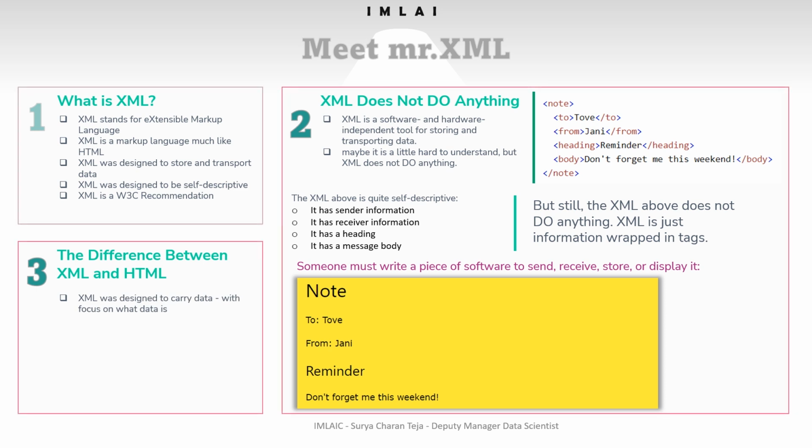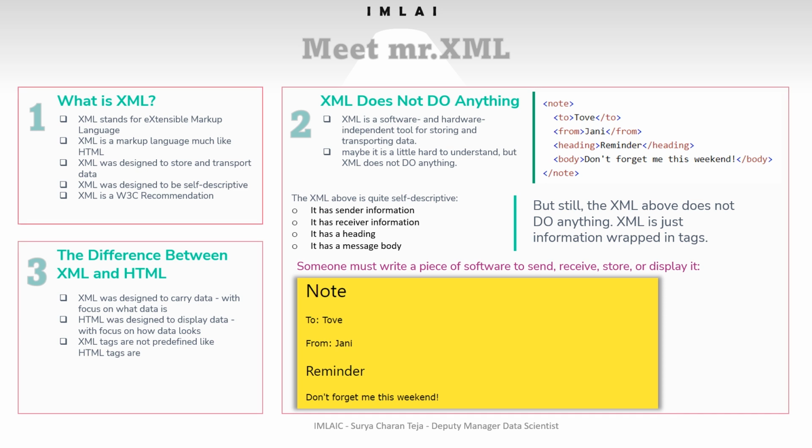XML was designed to carry data with focus on what the data is, whereas HTML was designed to display the data with focus on how data looks. XML tags are not predefined like HTML tags are.